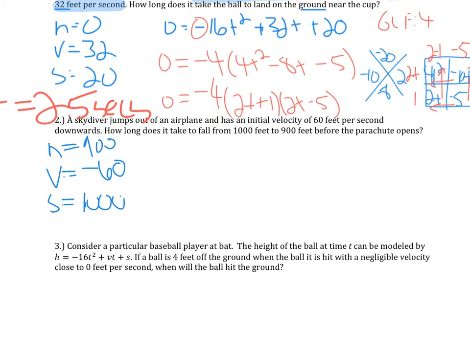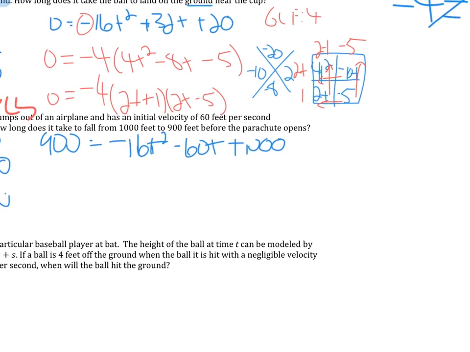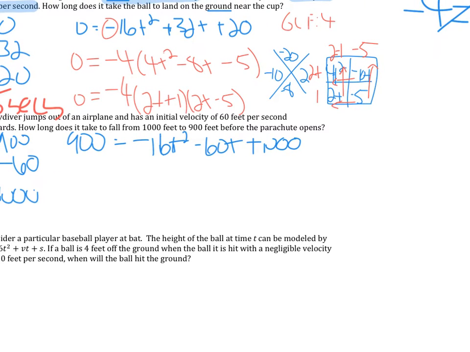So as we plug all that in, our h is 900. And that equals a -16 t squared minus 60 t plus 1,000. And again, look for our GCF. And so our GCF on this, we can't quite do yet because on all of these, we need to have it set equal to 0.